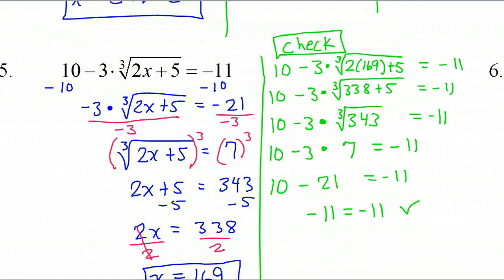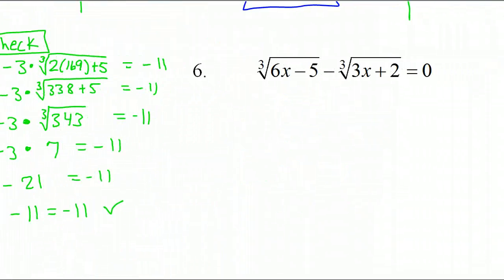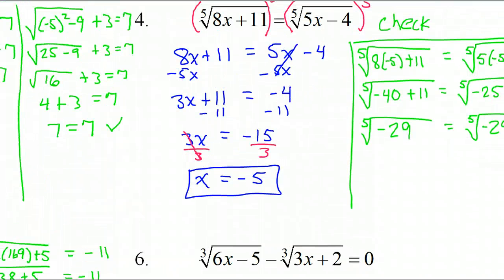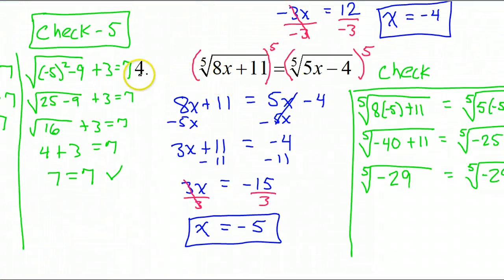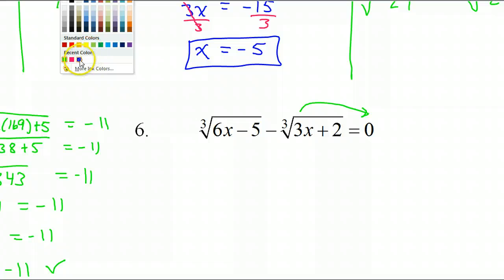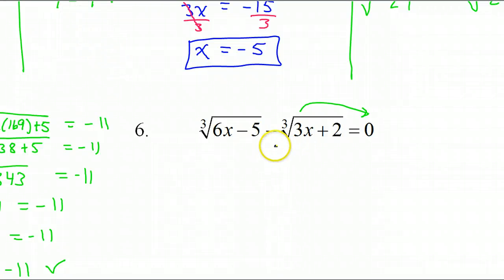All right, last problem. Number 6. See how we have both of these radicals in here? We're going to do this one similar to number 4. Let's get each radical on opposite sides of the equation. So basically I'm going to move this over by adding this entire radical to both sides.